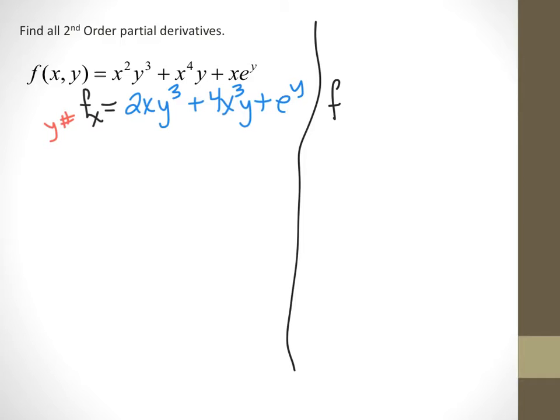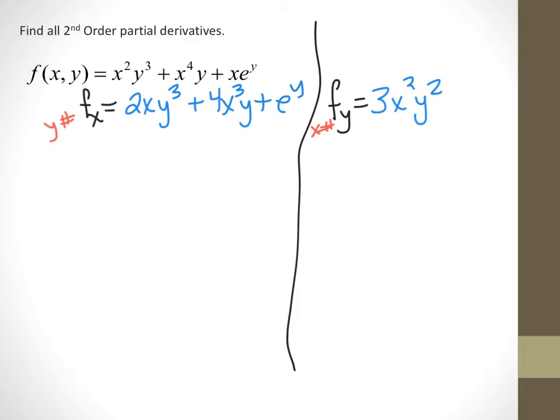Let's find now the partial derivative with respect to y, and x is a number on this one. So with respect to y, the x cubed comes along for the ride, and you get 3y squared. Let's put that 3 all the way out front. So look at that again, 3y squared, x squared comes along, so we've got that.